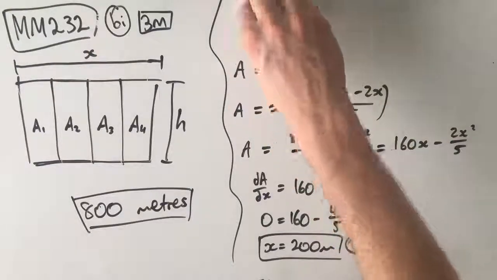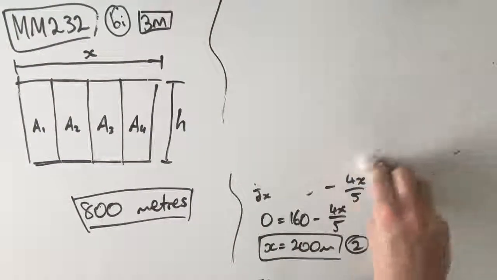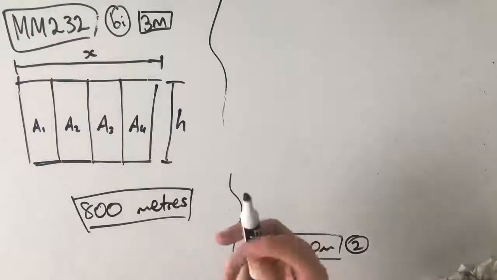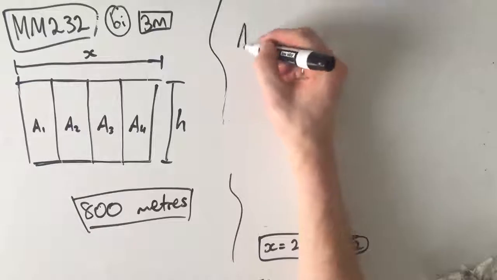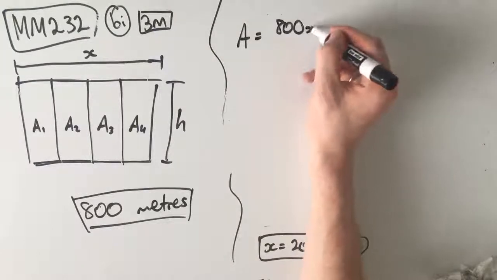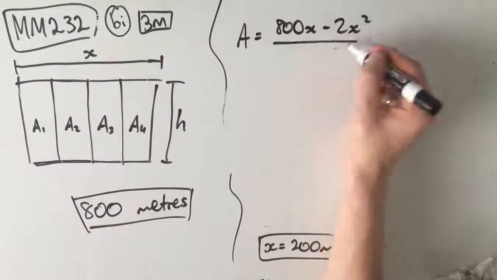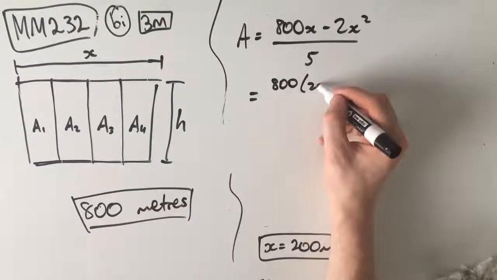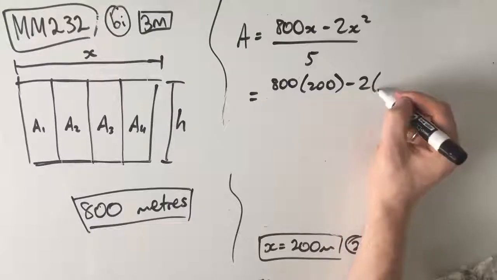But we haven't found that maximum area yet, right? We've found the x value, but we haven't found the actual maximum area. So we said that the area was equal to (800x - 2x^2)/5. We know that x is equal to 200 meters, so we sub in 200 for x, and that's going to give us our maximum area.